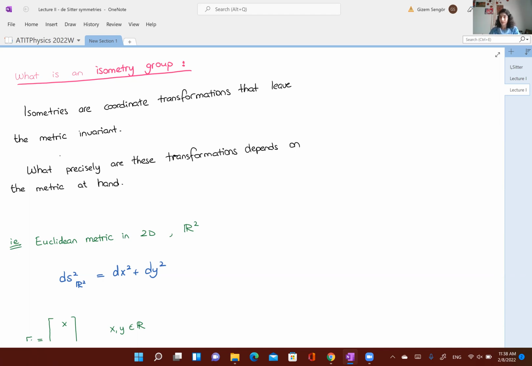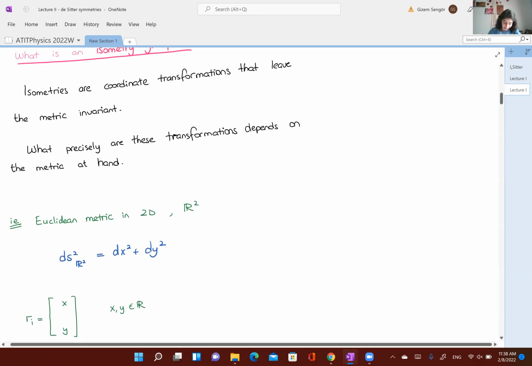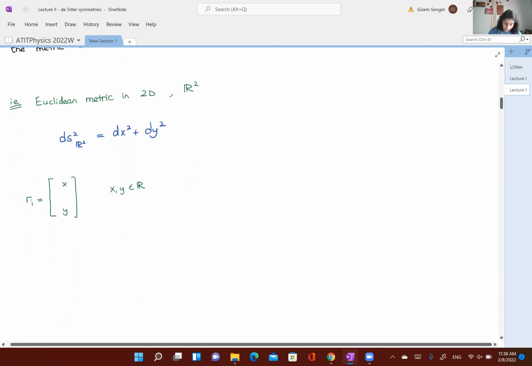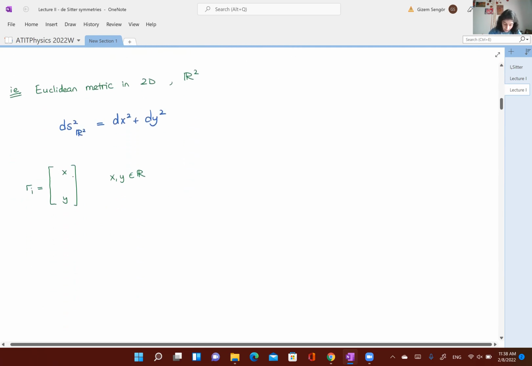But to begin with, let's just focus on two-dimensional Euclidean space. So this is like the surface of your table, just flat space, because it will be faster to work out what these are, and it will be a good demonstration to carry on in a short time. Now, this is the metric on Euclidean space in 2 dimensions. So we just have 2 coordinates, and we can define position vectors like this, with an x and a y coordinate.